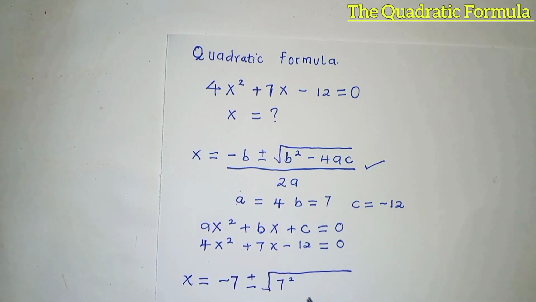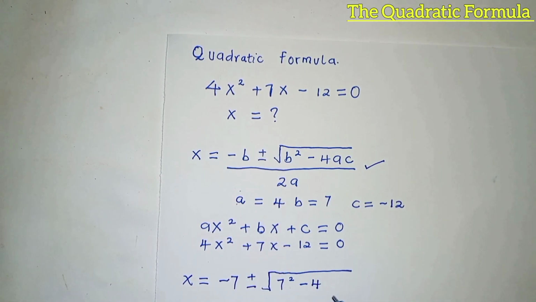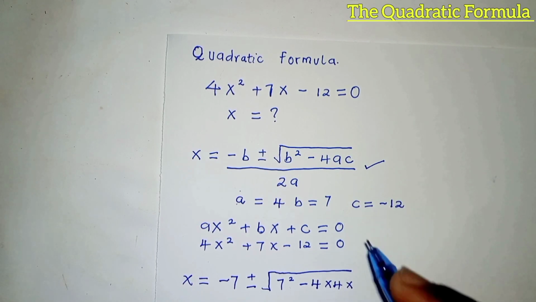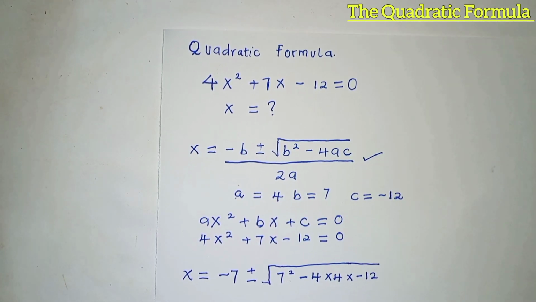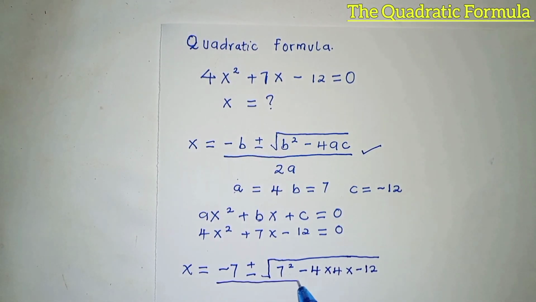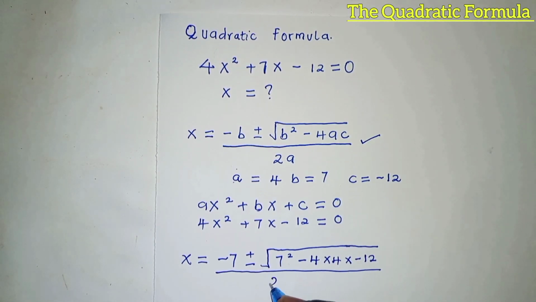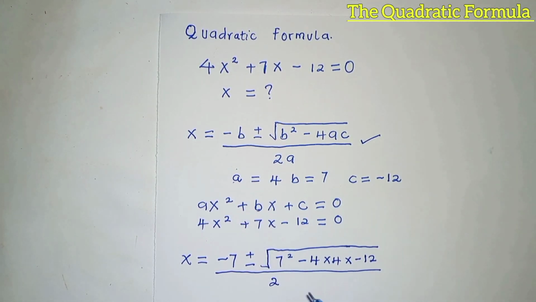Then minus 4 times a. Our a is 4, that means times 4. Then times our c. Our c is negative 12. Then everything divided by 2a. 2a means 2 times a. Our a is 4, that means 2 times 4.